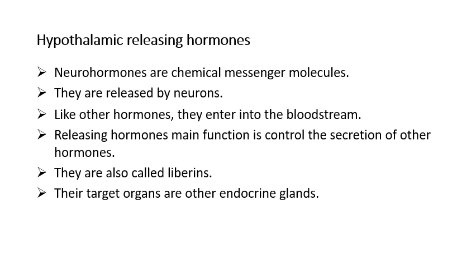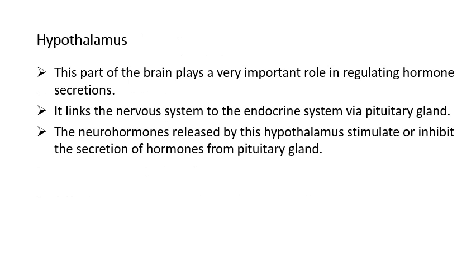And they are also called liberins because they control the liberation or secretion of other hormones. And every hormone has a target organ, and target organs for these neurohormones are nothing but the other endocrine glands.